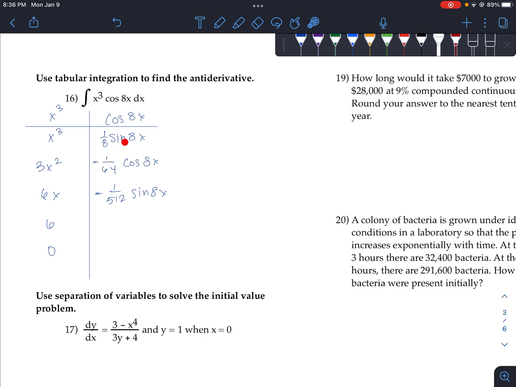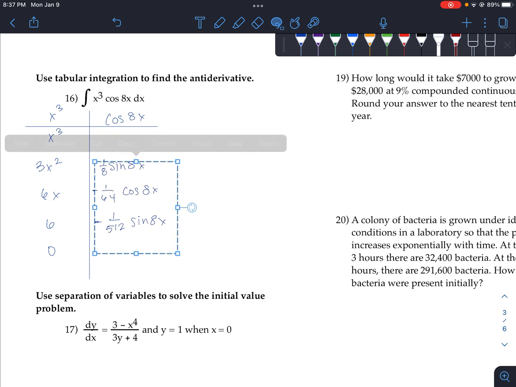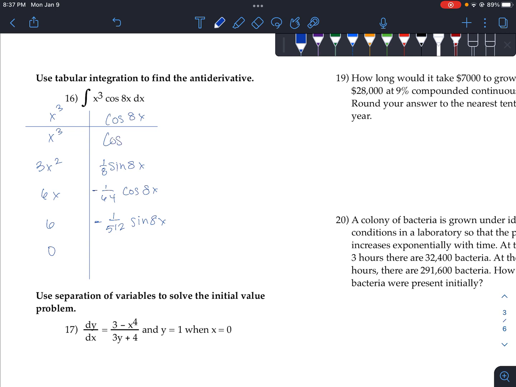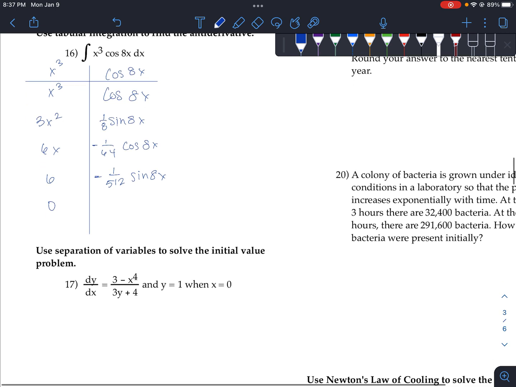Okay, that's where I went wrong. I forgot to actually write this is going to be cosine of 8x. There we go. Yep, I was thinking something was off.